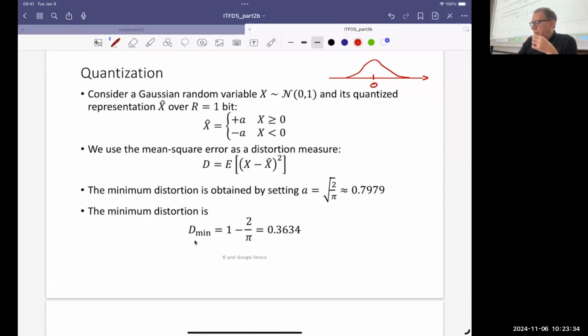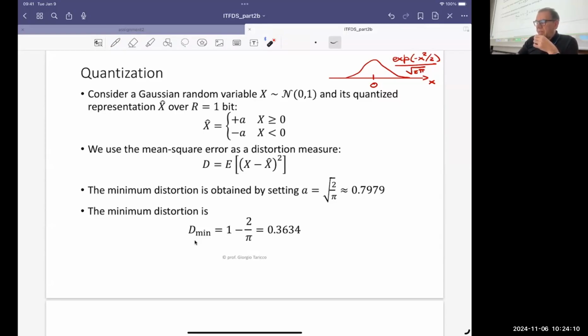And this probability density function can also be expressed analytically by the exponential of minus x squared over 2 divided by the square root of 2 pi. This is x, the real number axis, and this is the probability density function of a Gaussian random variable with 0 mean and variance 1.